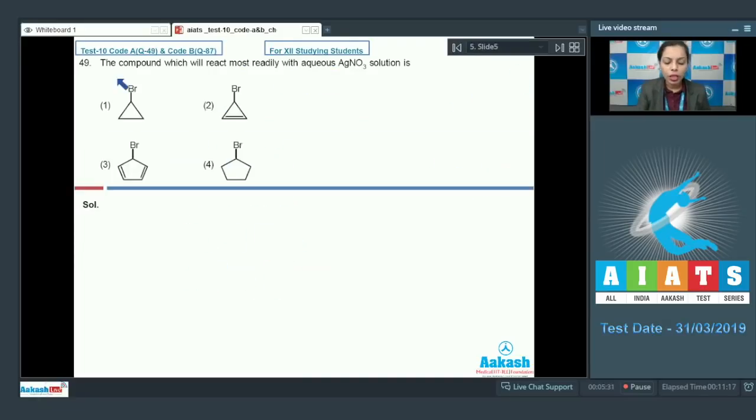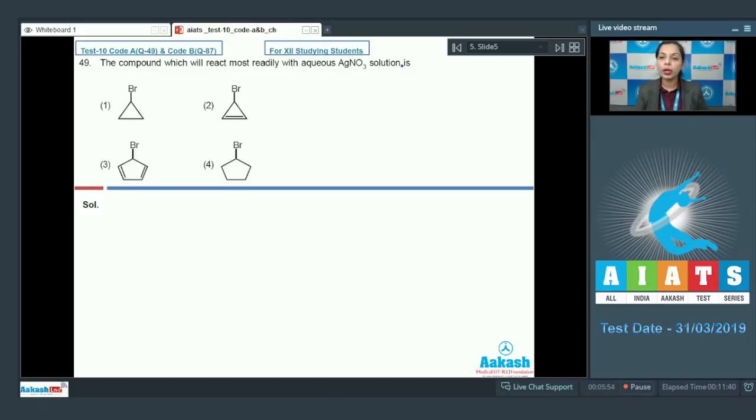Next question. Question number 49. The compound which will react most readily with aqueous silver nitrate solution. Which species will react? It is a simple fact that whenever a species is reacting, there would be a certain mechanism. And yes, in this case, basically the reacting species will form carbocation.